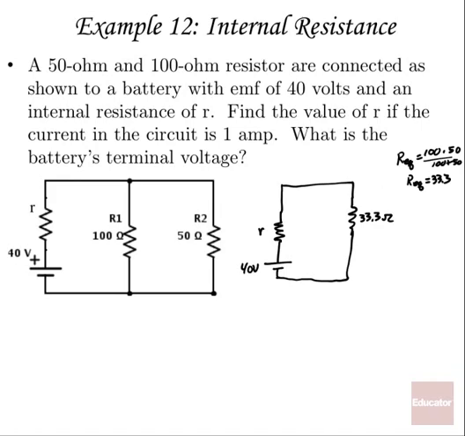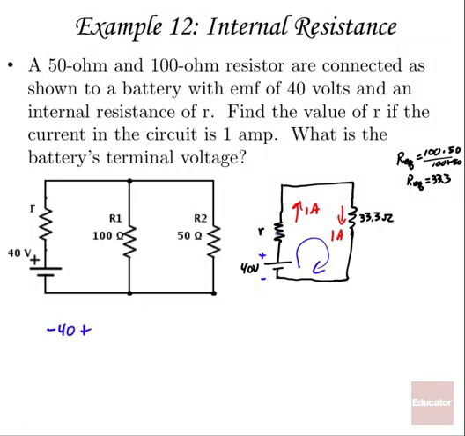Now we know the current flowing through here is 1 amp. If that's the case, the current flowing through here is 1 amp as well. So as I run through and use Kirchhoff's voltage law around this loop, positive side, negative side of my battery, first thing I'm going to see is negative 40.